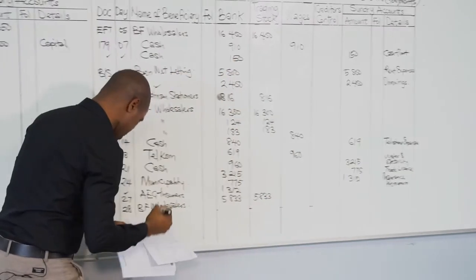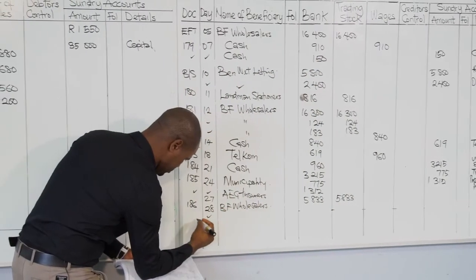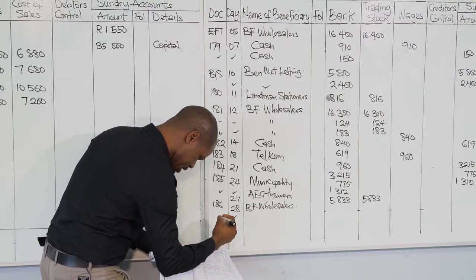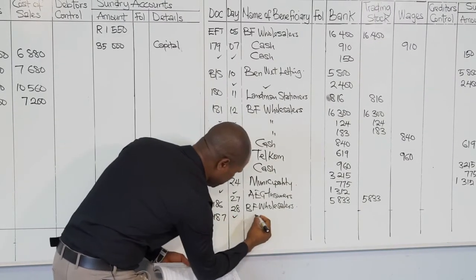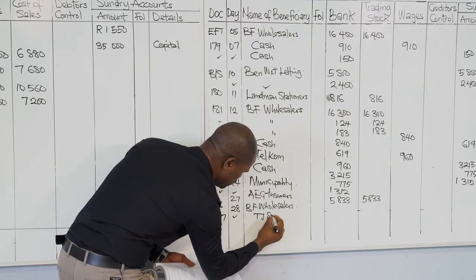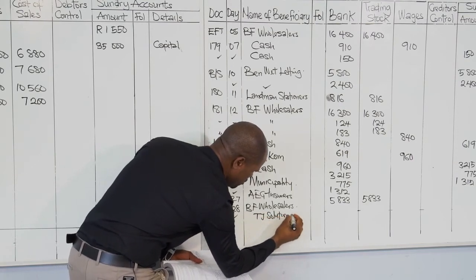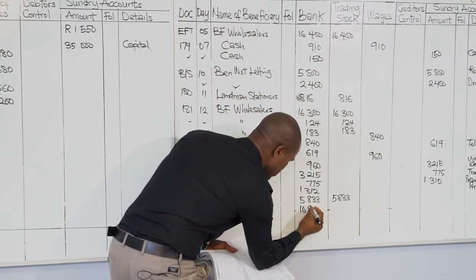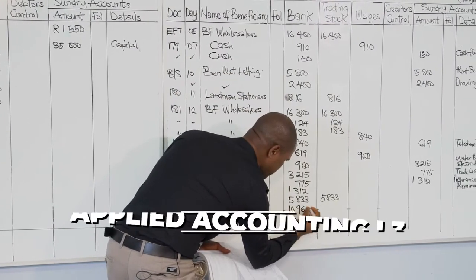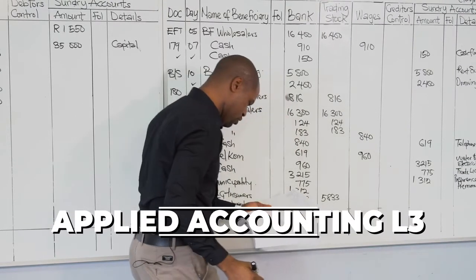Then the second one he paid on the same date with another check. The check is 187. He paid for TJ Solutions. The amount is 10,965 for a new set of computers.